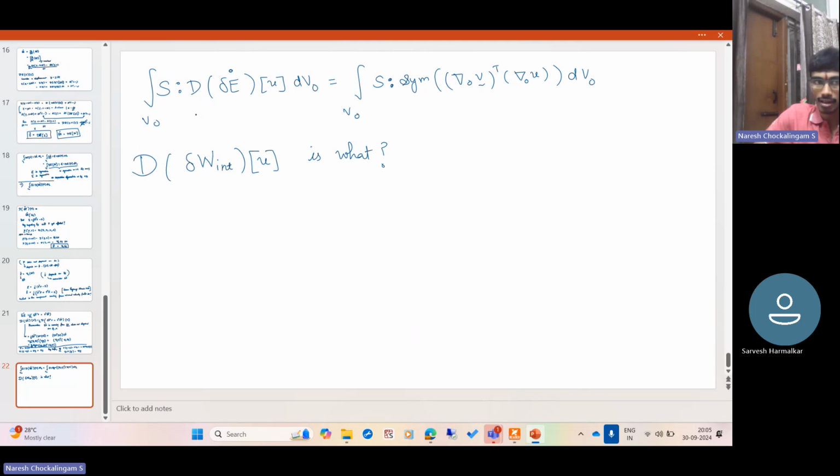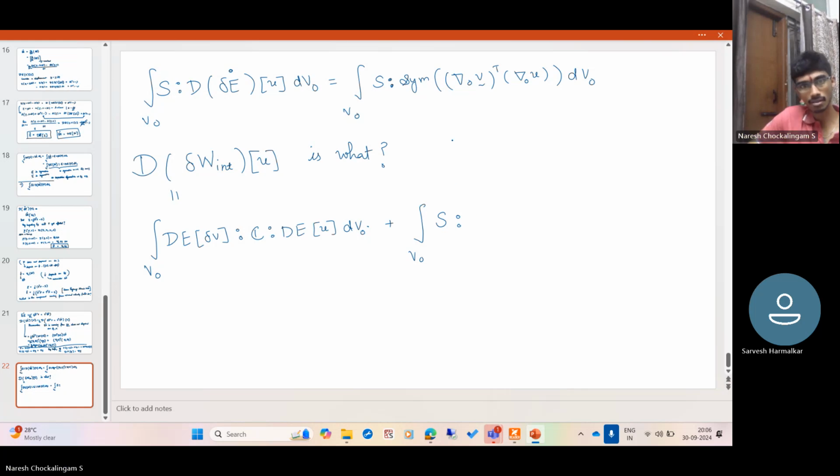This is one term of the product rule, and we had another term. So the first term that we got was the integral over V naught of the directional derivative of E in the direction del V, double dot the material elasticity tensor, double dot the directional derivative of E in the direction U, dV naught, plus the integral over V naught of S double dot the symmetric part of this, which is del naught V transpose del naught U plus del naught U transpose del naught V, dV naught.